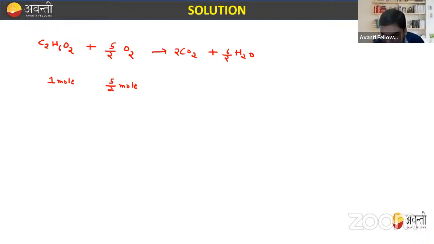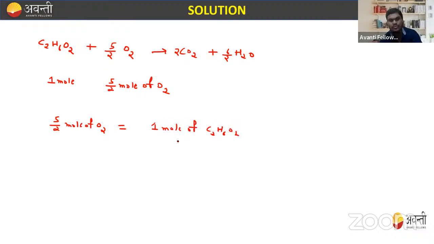If 1 mole of this requires 5/2 moles of O2, then for 2 moles of the compound X.